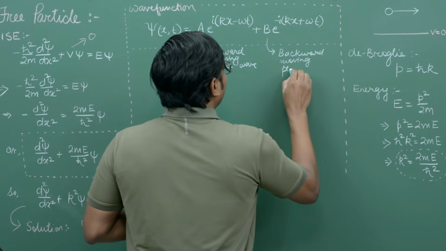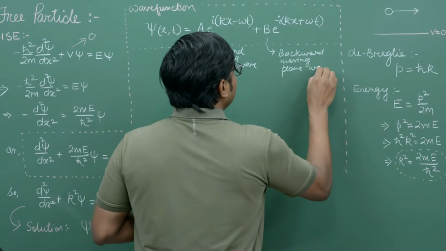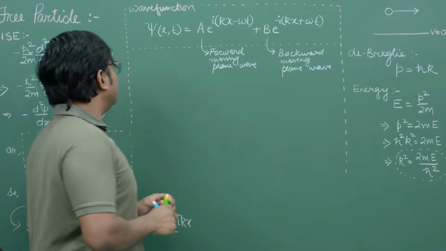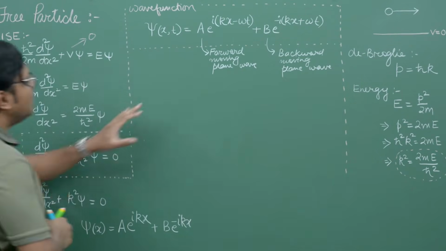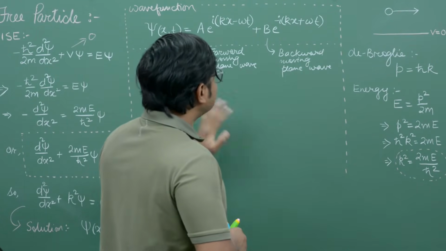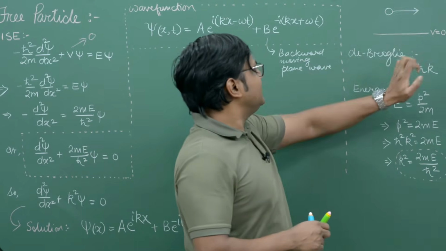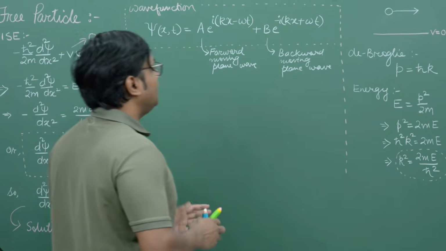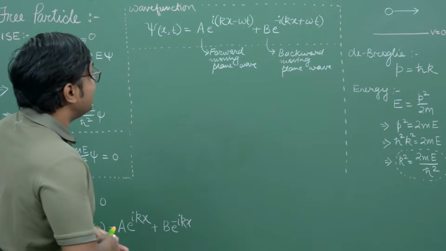You see, when we talk about a free particle in quantum mechanics, the Schrodinger equation gives us a plane wave solution moving both forward and backward in space, which is the quantum mechanical description of a point mass particle moving in the absence of any kind of potential.